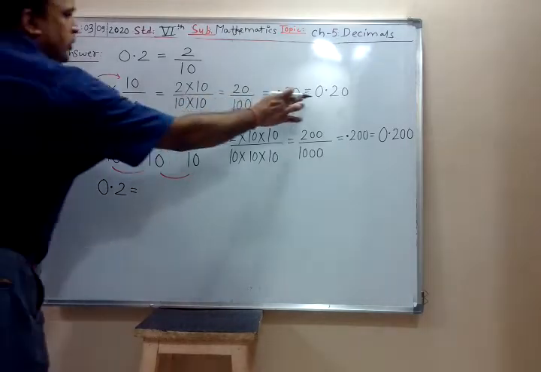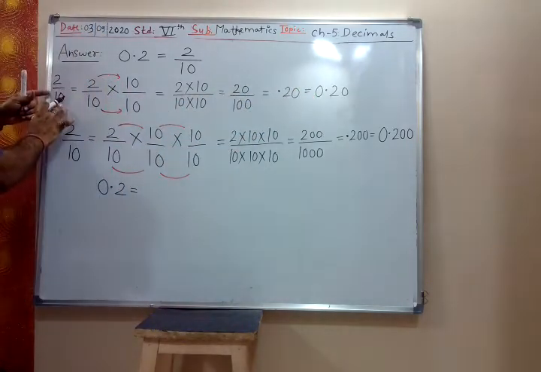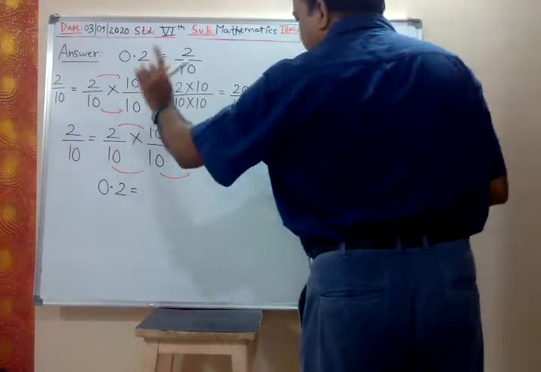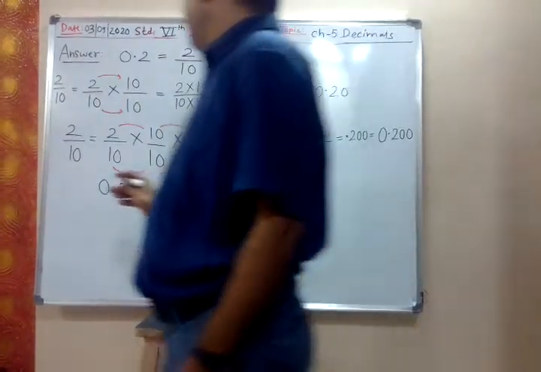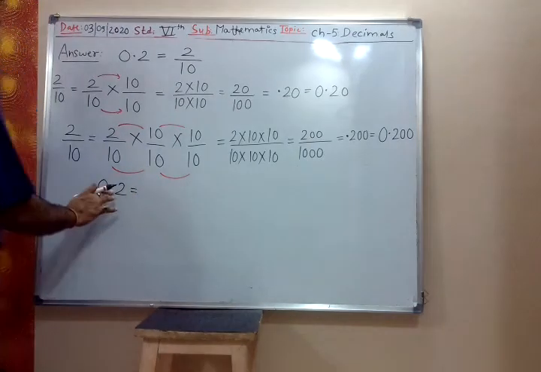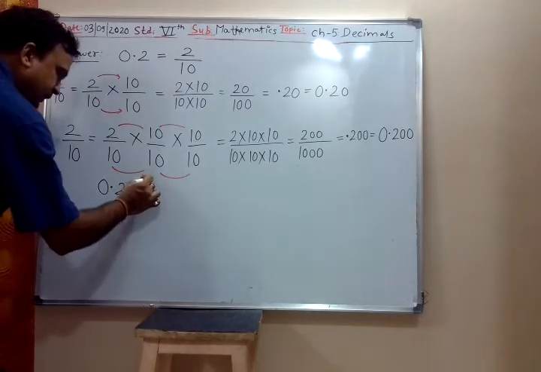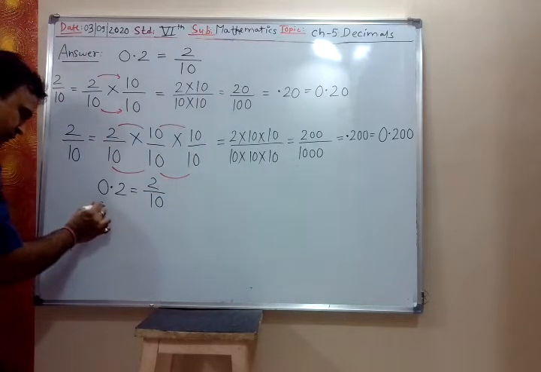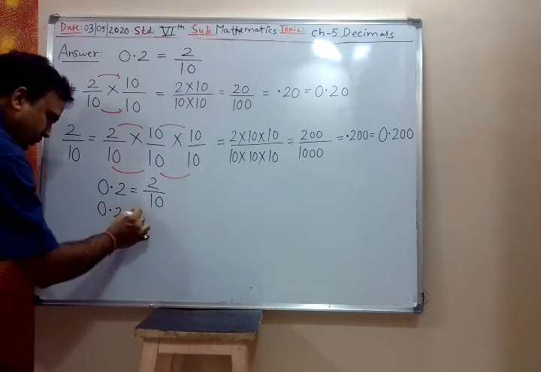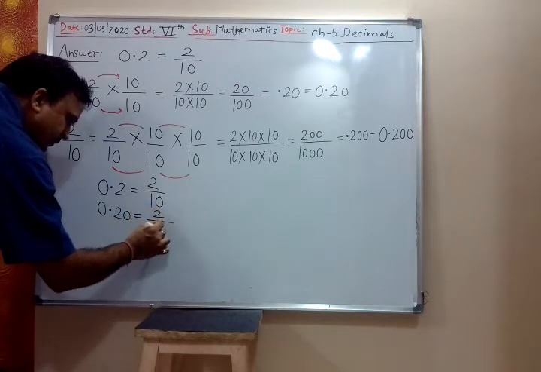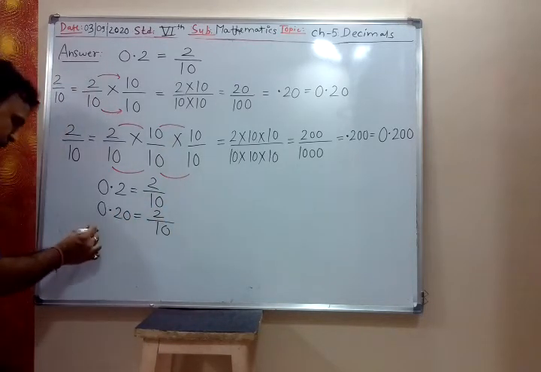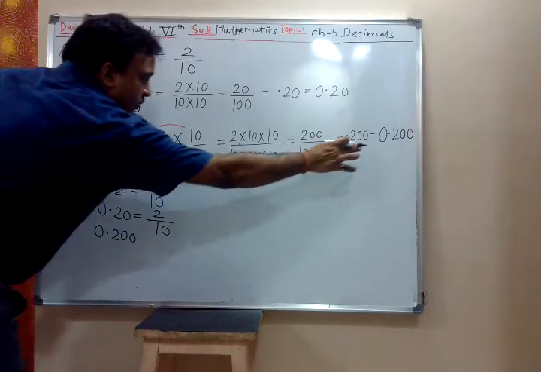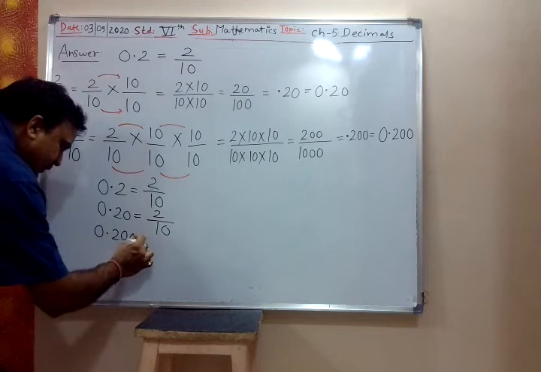And 0.20 is also 2 upon 10. And 0.200 is also 2 upon 10.